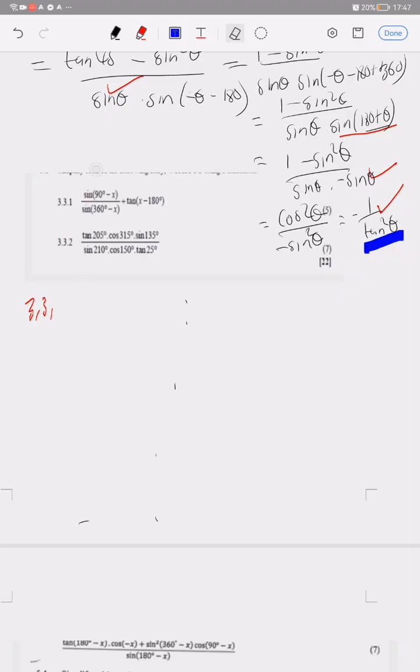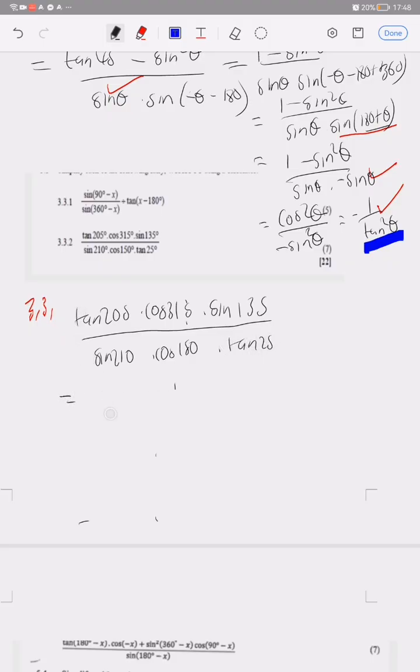So we have tan of 205, cos of 315. Why do I love this question? Because every change that you make, you get a mark. That's crazy. 135 over sine 110 cos 150 tan 25.